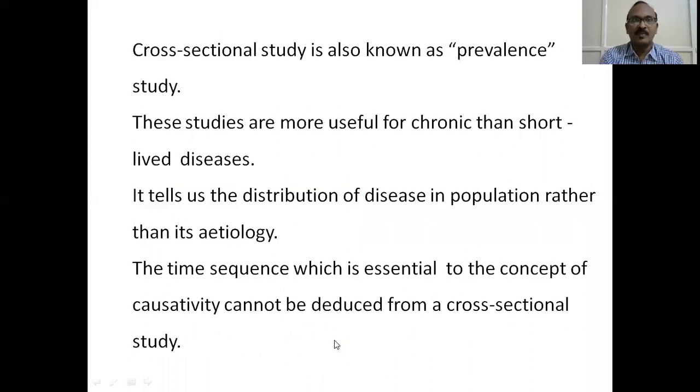They are also known as prevalence studies because cross-sectional studies yield the prevalence of a disease or health condition in a particular area. These studies are more useful for chronic than short-lived diseases, and they tell us about the distribution of disease in a population rather than its etiology. The time sequence, which is essential to the concept of causativity, cannot be detected from a cross-sectional study.